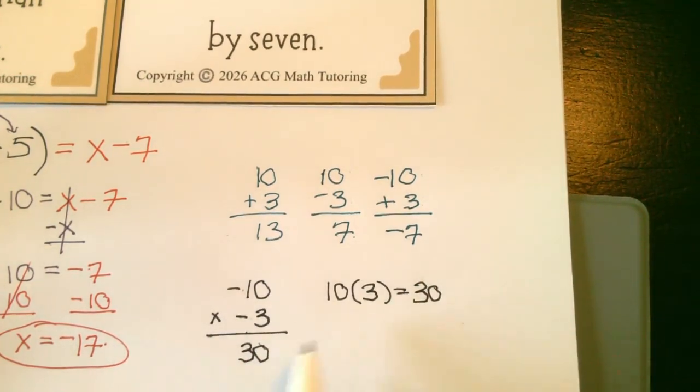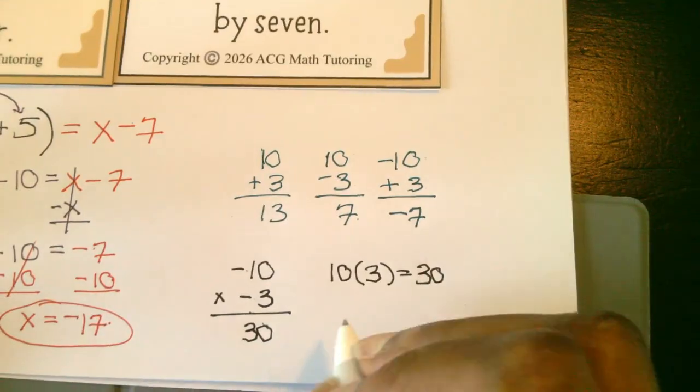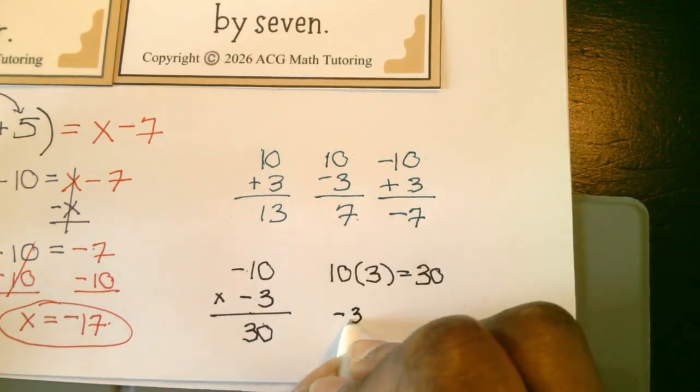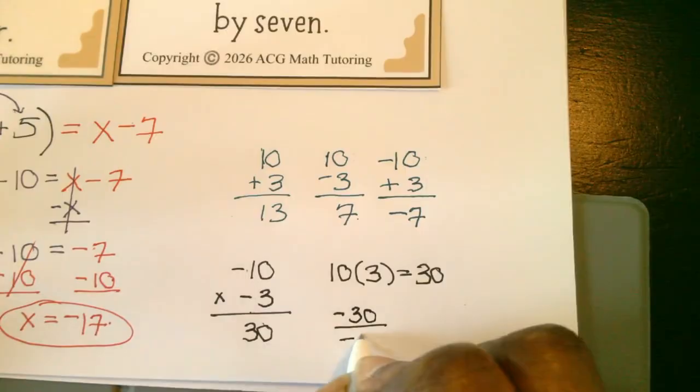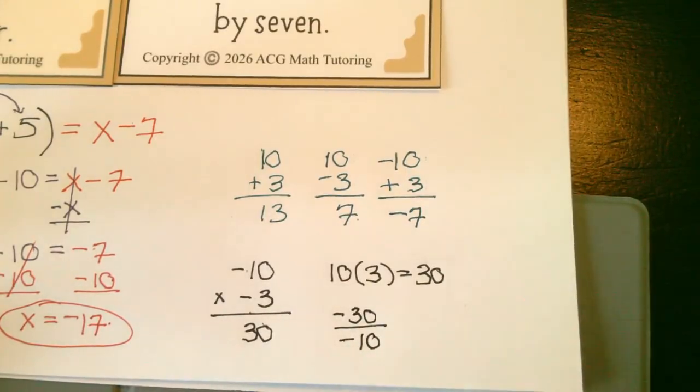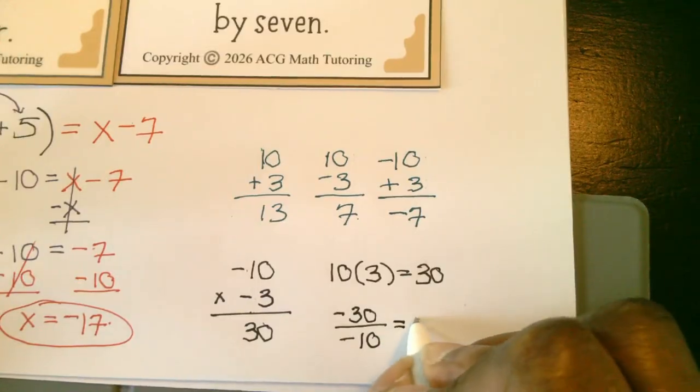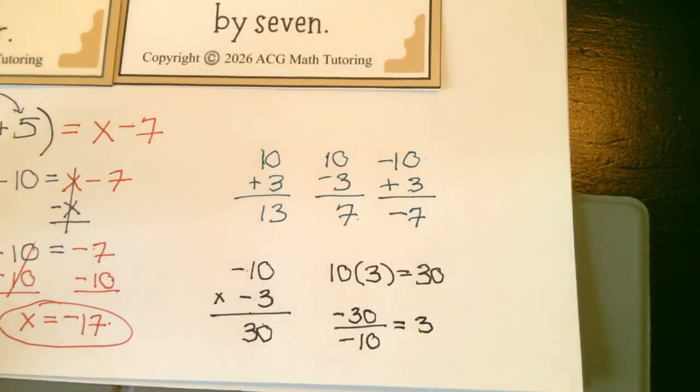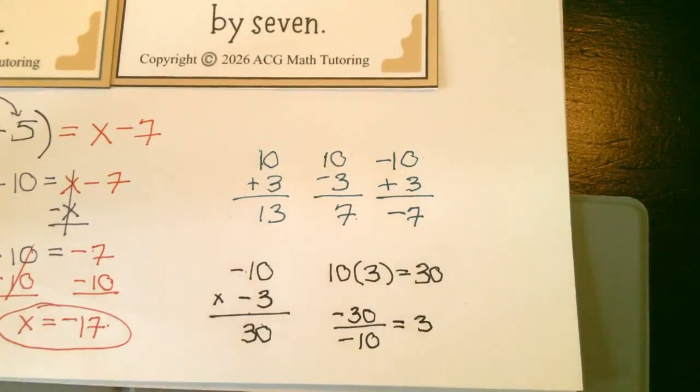When the signs are the same with multiplication, same with division, your answer is always going to be positive. When the signs are different, one's positive and one's negative, your answer is always going to be negative. Okay?